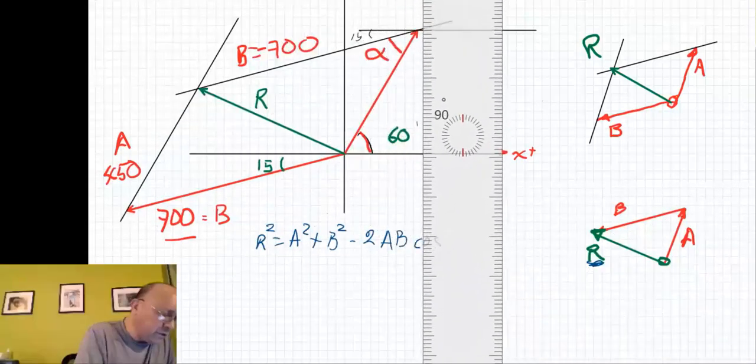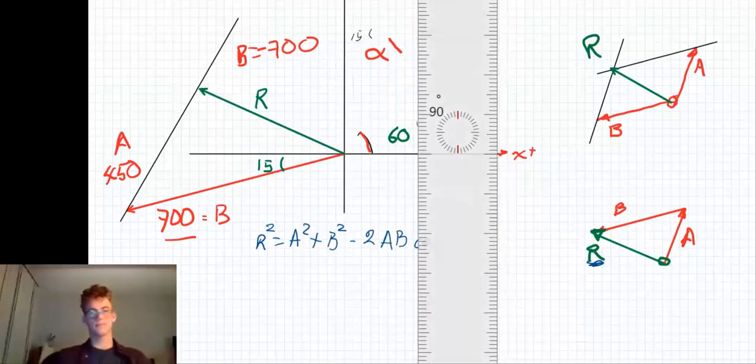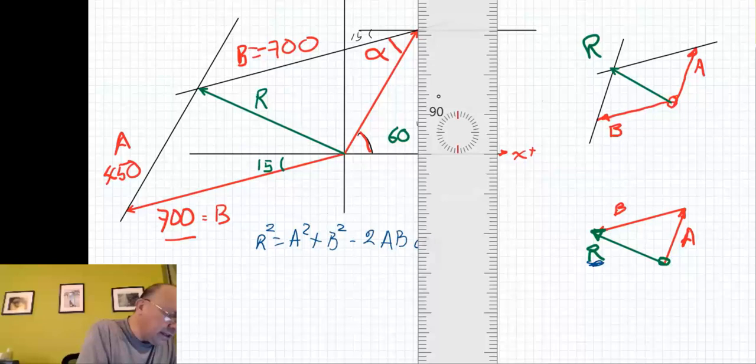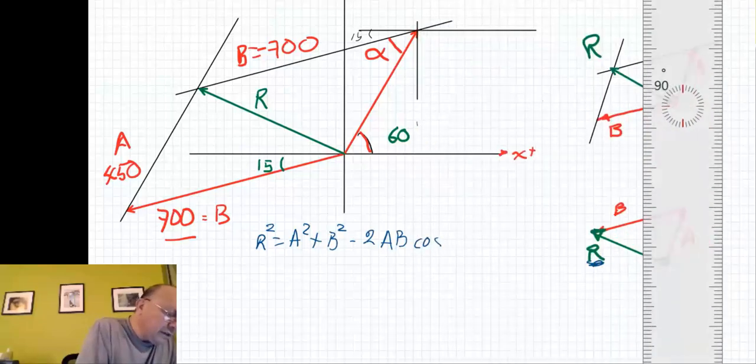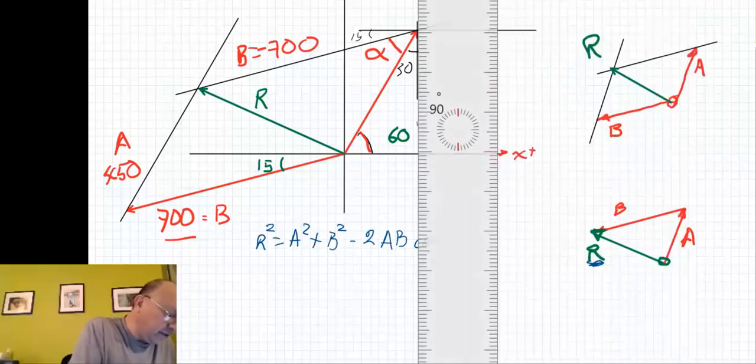I guess so, because if I put these lines 90 degrees here, I have 60 here, 30 here, right? Why do you have 30 there? Because I have this triangle here.